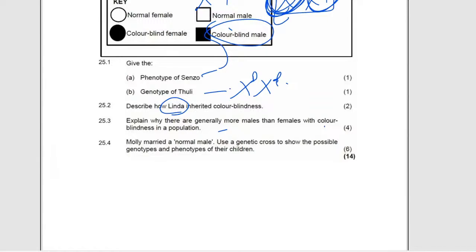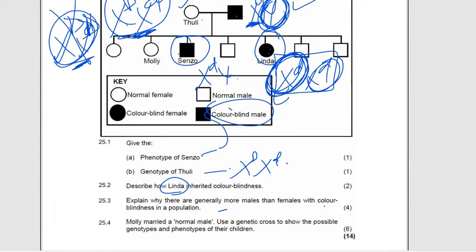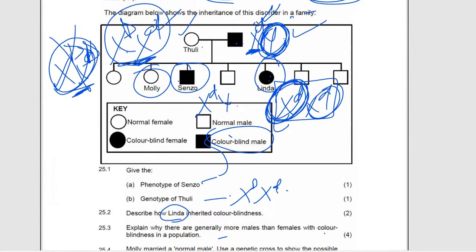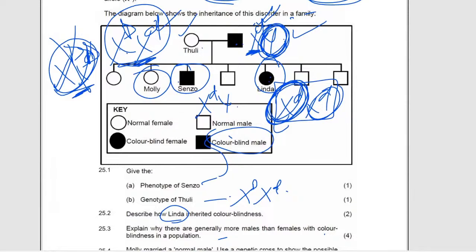Molly married a normal male. Use the genetic codes to show the possible genotypes and phenotypes of the children. Let's look at Molly. Molly is normal, but her allele came from the father who is affected.